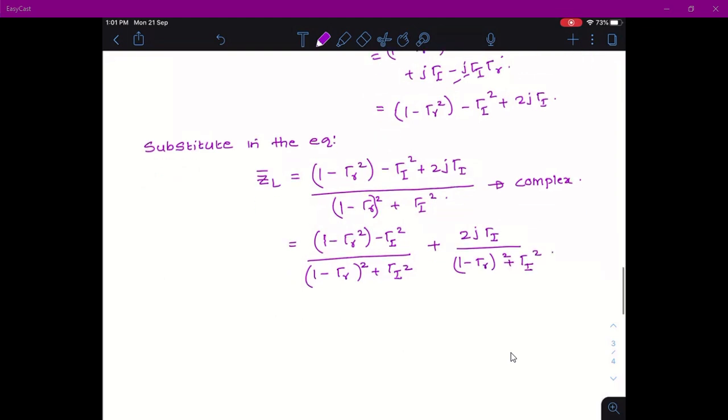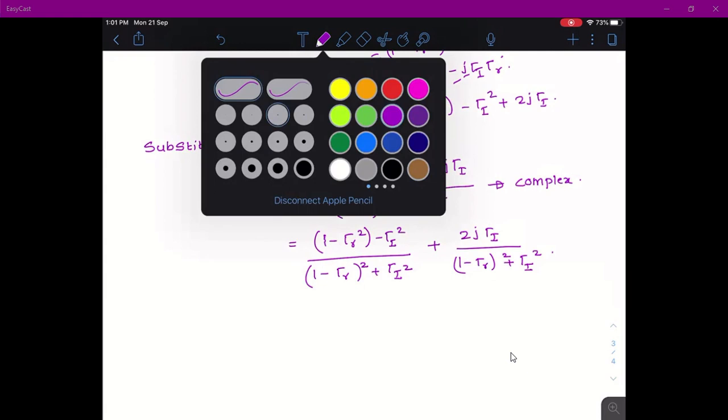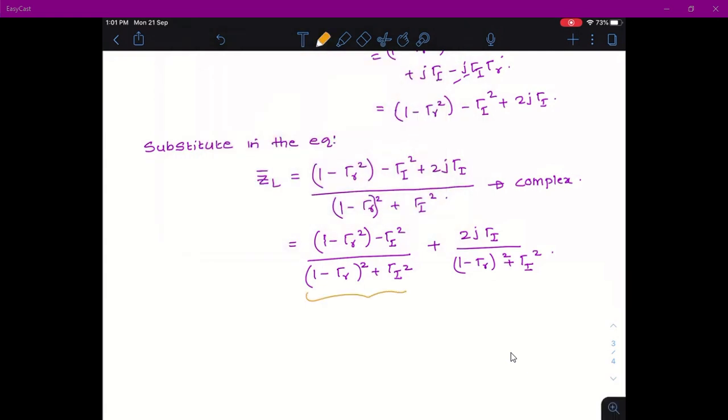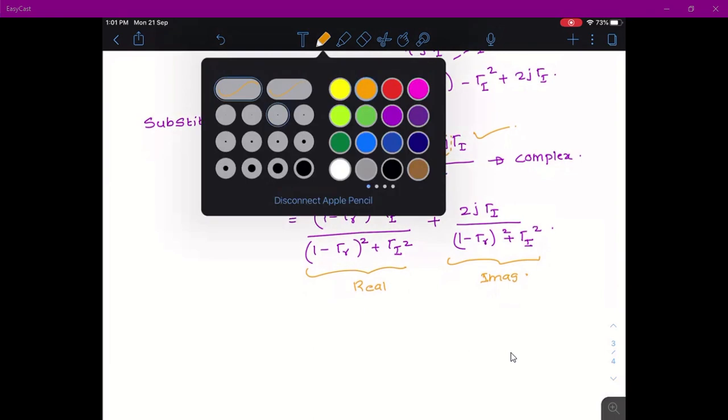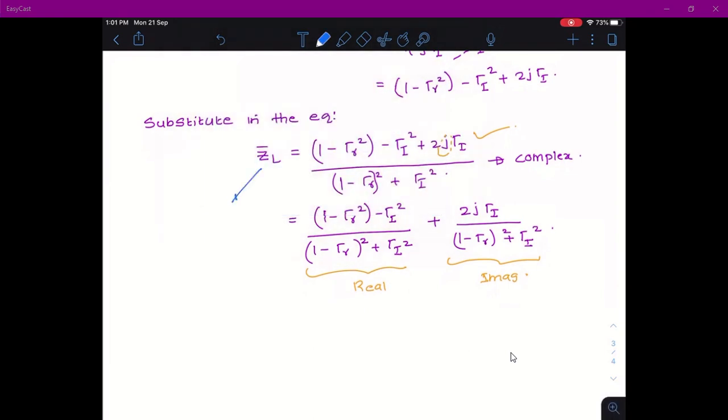Okay, so this is the real part and this is the imaginary part of this equation. Because τr and τI are real, only because of the presence of j this becomes imaginary. Fine. Now there is one more thing, ZL is also complex because it's an impedance.